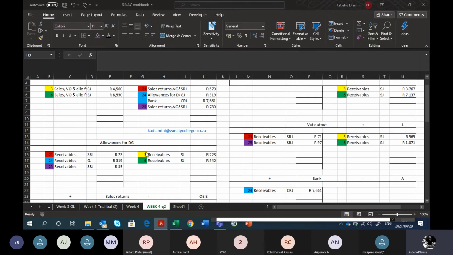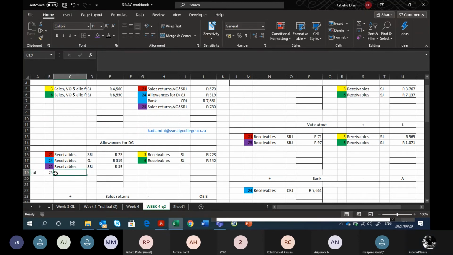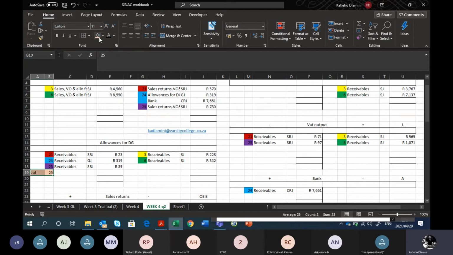Okay, so first things first. H Hall, his discount is sitting at 22 Rand minus the 39, right? Because this one is these two amounts. So then that's the 25th of July. I'm going to make that one a random color.